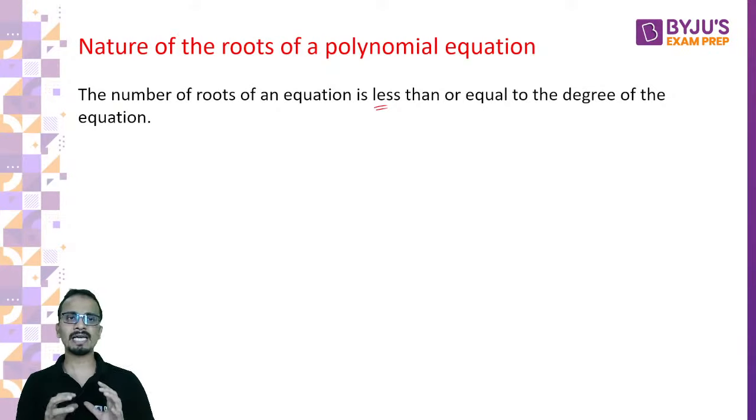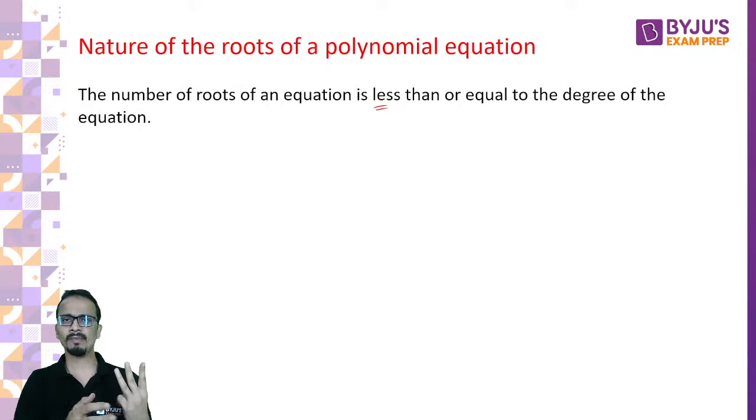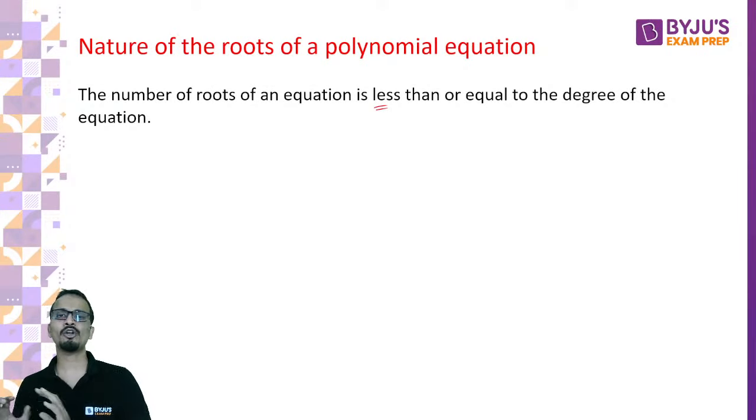So I can say that the maximum number of roots will be equal to the degree of the equation. So if I'm dealing with a degree 3 equation, then the number of roots can be either 3 or less than 3. If I'm saying that the roots are less than 3, obviously I mean to say that some of the roots are equal. So number of roots of the equation will be less than or equal to the degree of the equation.